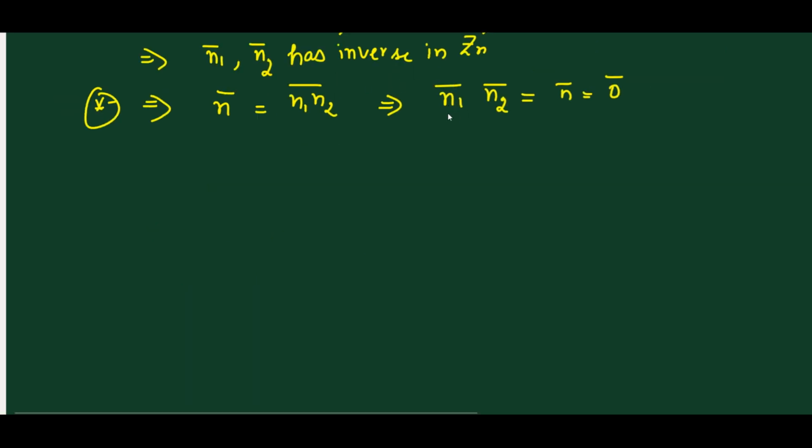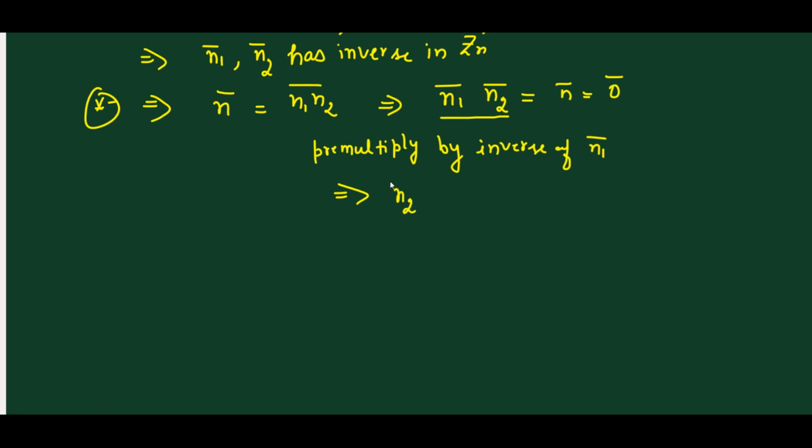So what you can do here is pre-multiply by the inverse of n1 bar. If we pre-multiply by the inverse of n1 bar, then we have n2 bar is 0.